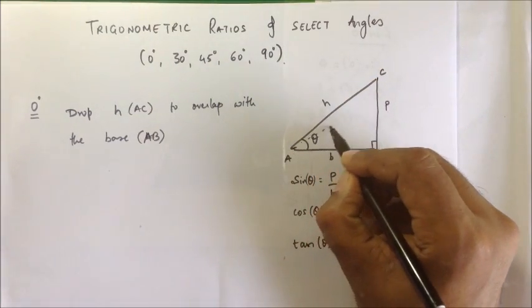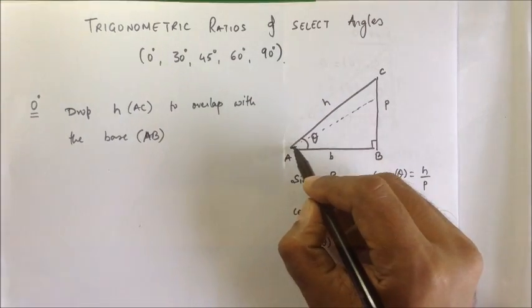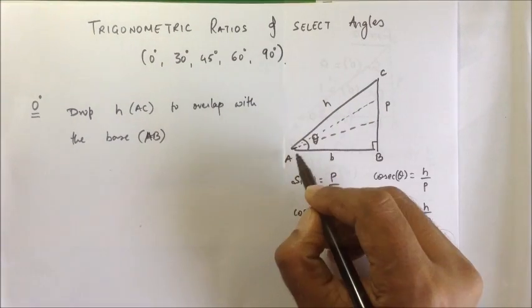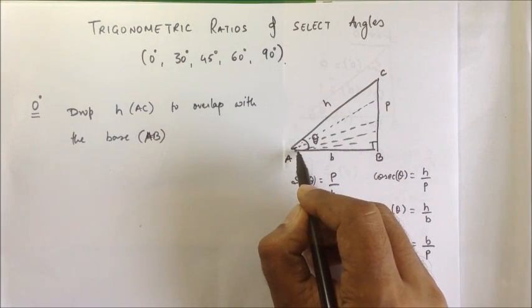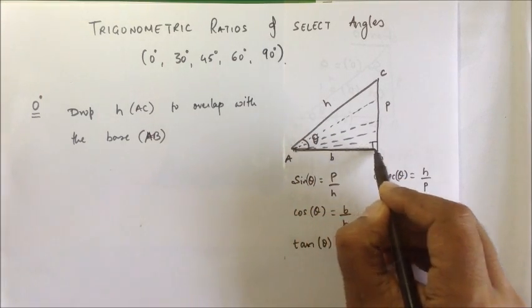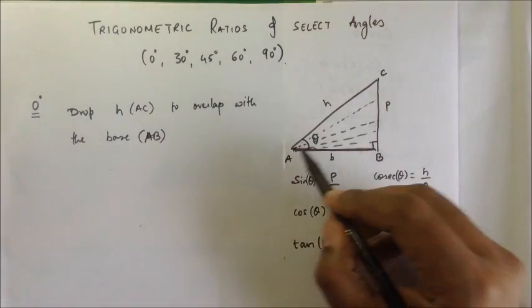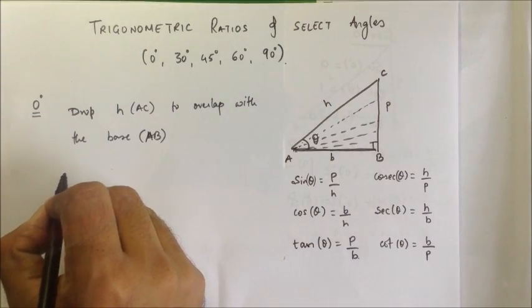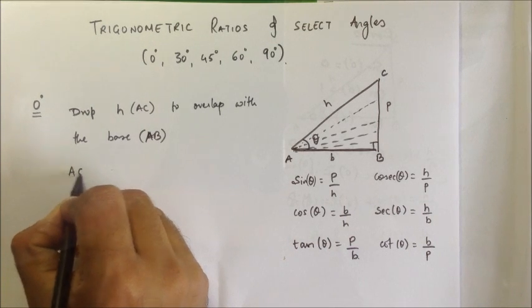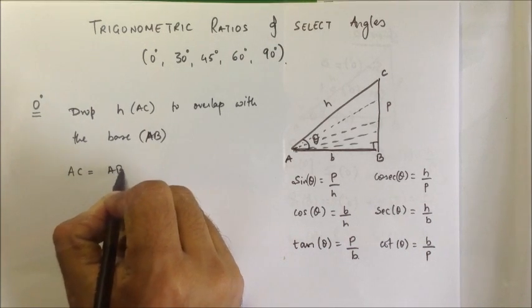So this would drop like this, then this, then this, and the drop will finally end here when AC would drop to AB, and at that moment I'll get AC equal to AB.